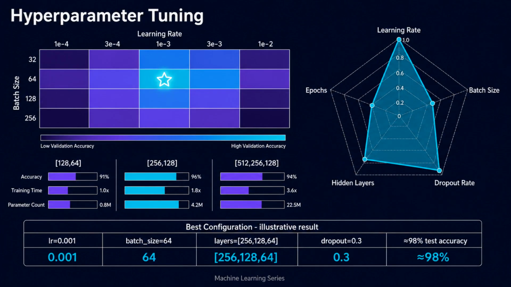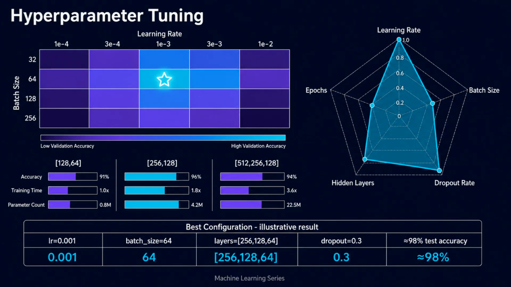Hyperparameter tuning is the process of finding the best configuration for your model. Grid search is a systematic approach where we define a set of values for each hyperparameter and try every combination. Key hyperparameters to tune include the learning rate, trying values like 0.01, 0.001, and 0.0001, the batch size, experimenting with 32, 64, and 128, and the network architecture itself, testing different layer widths and depths.